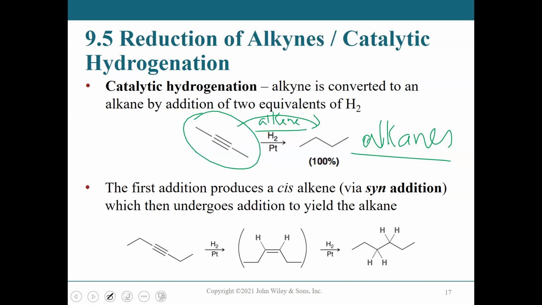What if I use maybe 1 mole to 1 mole? Can I control it? Maybe if I control the temperature, the pressure, can I slow down the reaction, make it less selective? No, if you use H2, Pt, it goes all the way to alkane, no matter what reaction conditions you apply. So catalytic hydrogenation, H2, Pt, H2, Pd, they always go all the way to alkanes.